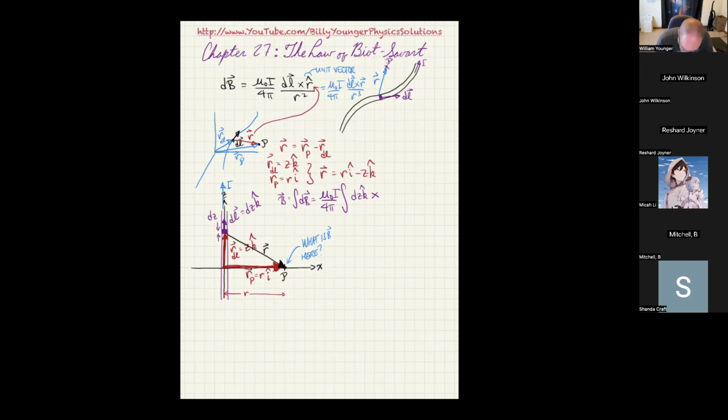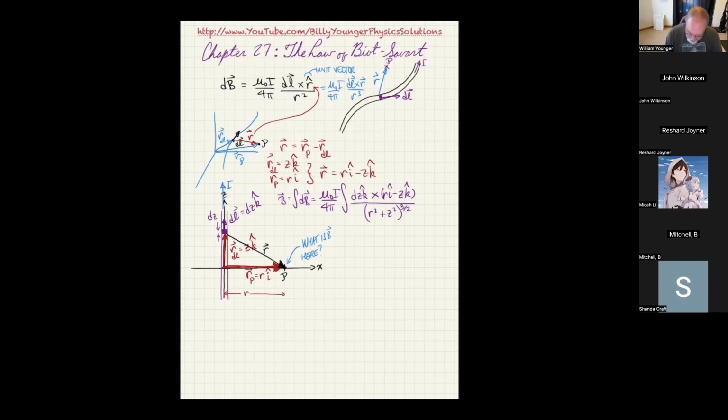So I'm going to write it times dl cross r, using the r which is r i hat minus z k hat, all over r squared plus z squared. The square root is an exponent of 1/2, but since I'm going to cube it, it's going to be 3/2. That's the actual integral we're going to calculate.